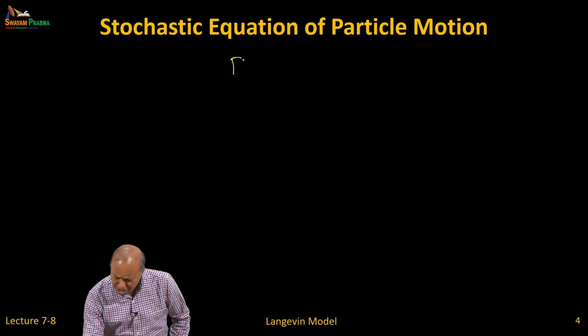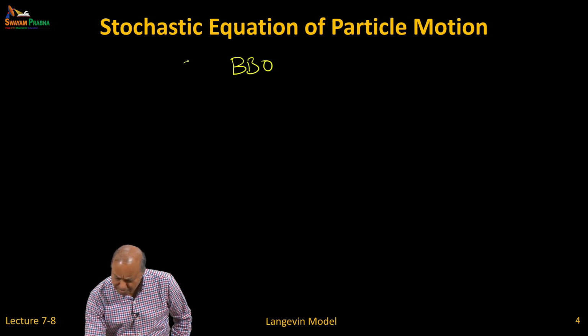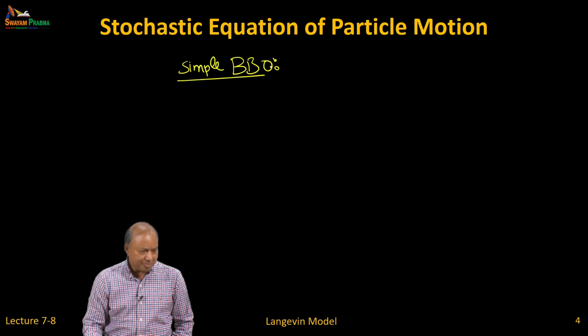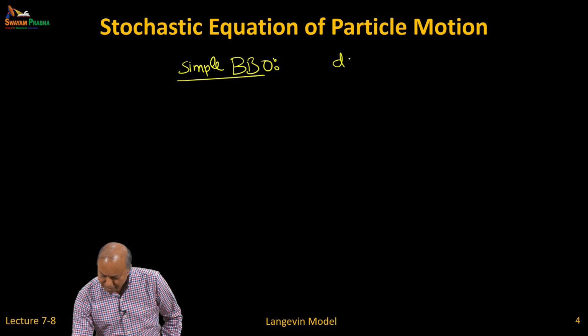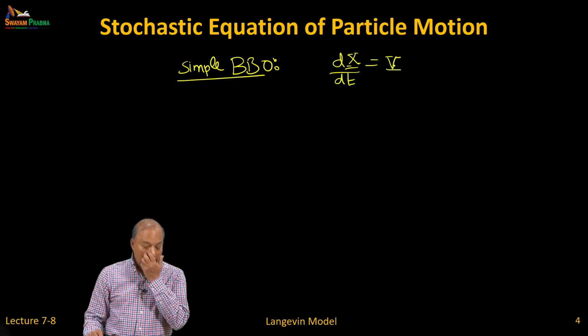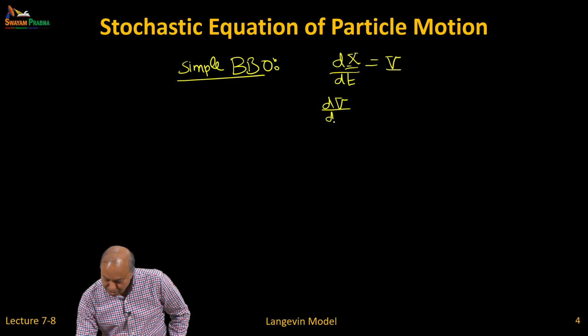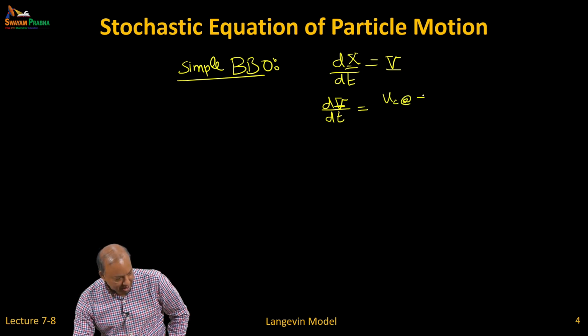So let's take the simplest BBO equation, where the position of the particle changes because of its velocity, and the velocity of the particle, this is Newton's law. I am going to write it like this, and I will explain it in a minute.